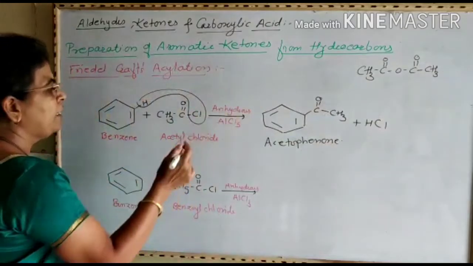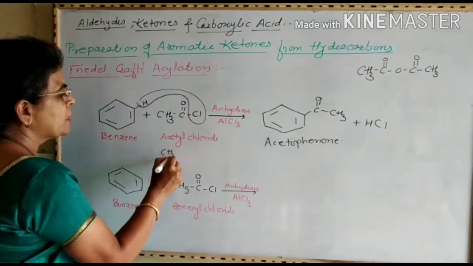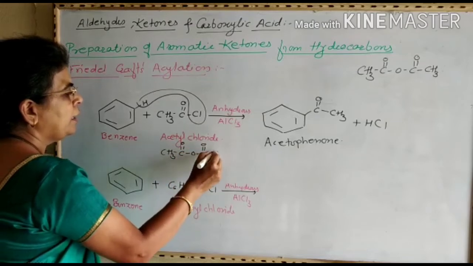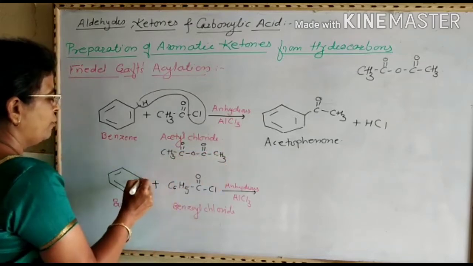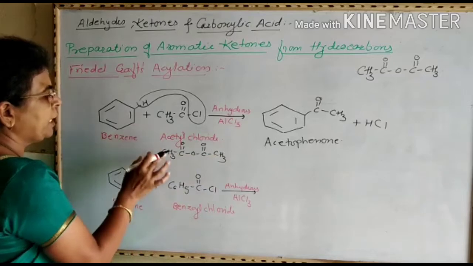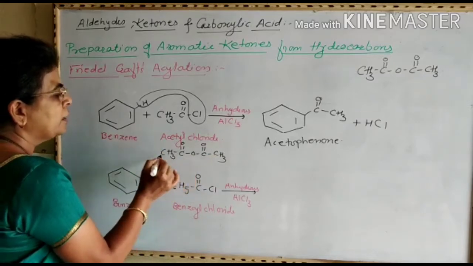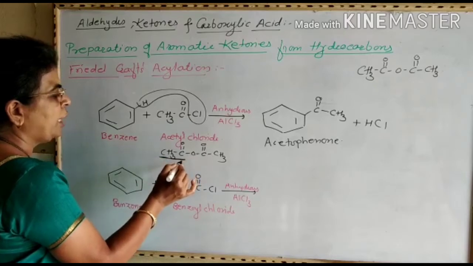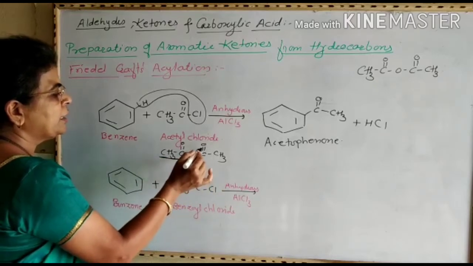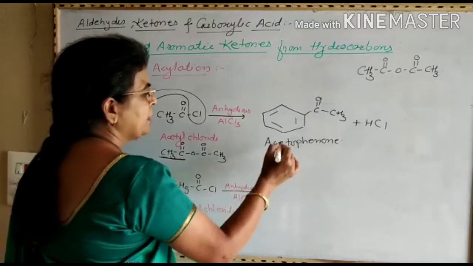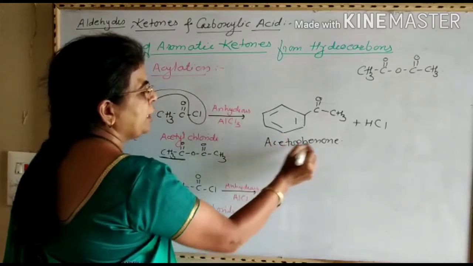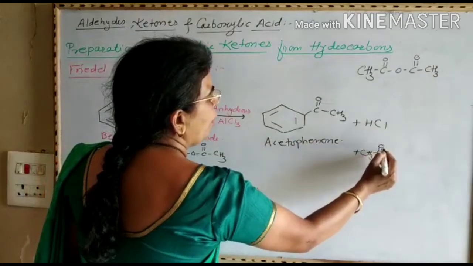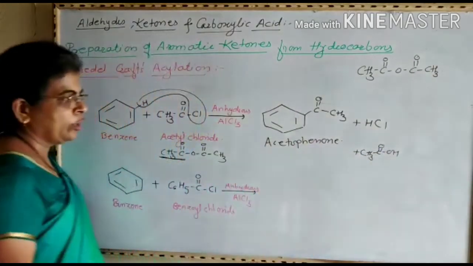When this acetic anhydride reacts with benzene, one hydrogen atom from benzene is removed and replaced by the COCH3 group, and we get CH3COOH. That is, we get acetophenone plus CH3COOH. Try this reaction yourself.